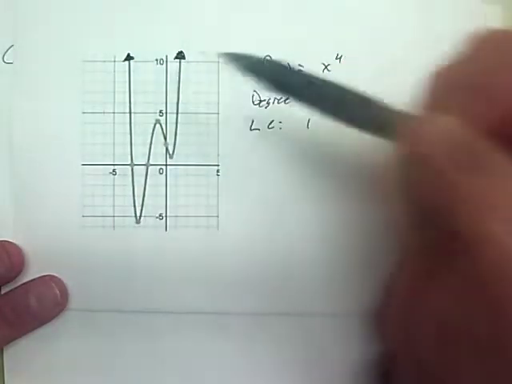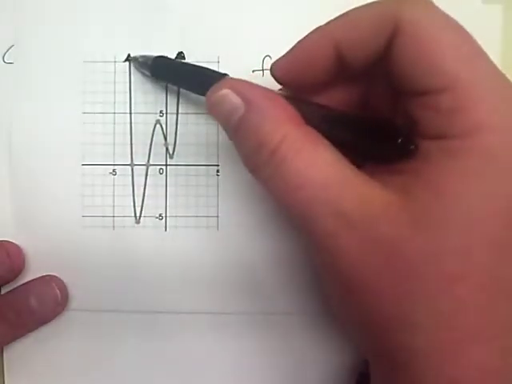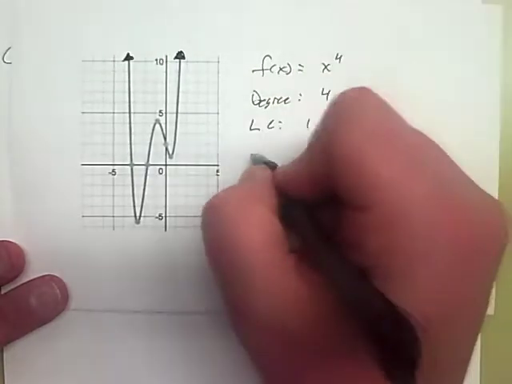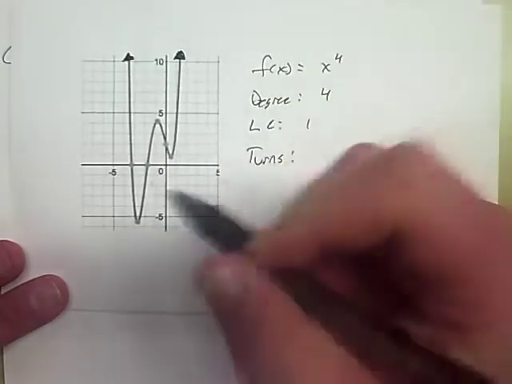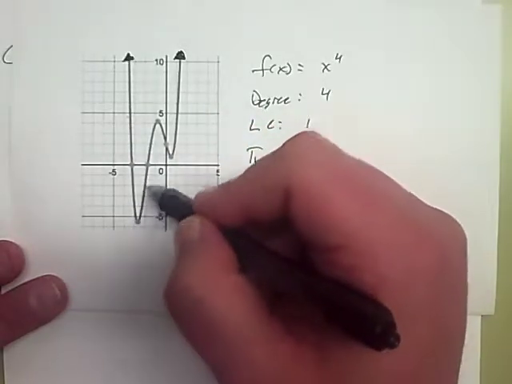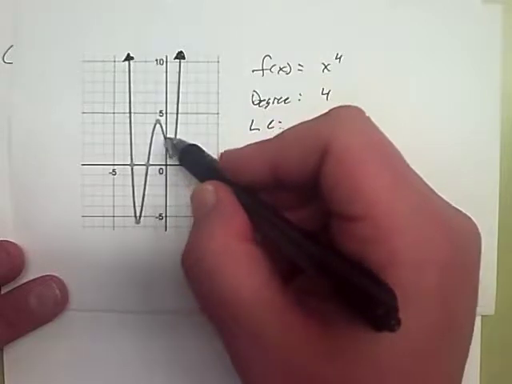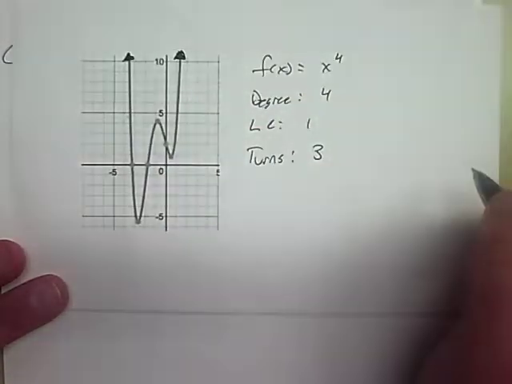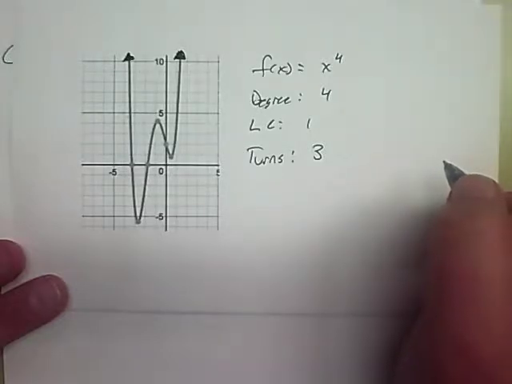Both of my arrows are pointed up. My left side arrow is pointed up, my right side arrow is pointed up. And now let's take a look at the number of turns. I'm going down, down, down, turn, and I go up, up, up, turn, down, down, down, turn, up, up, up. So this has 3 turns.